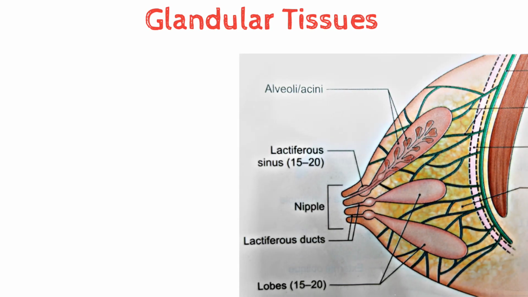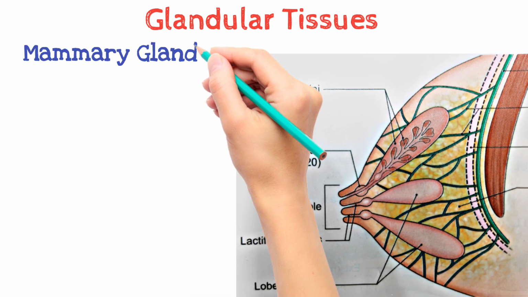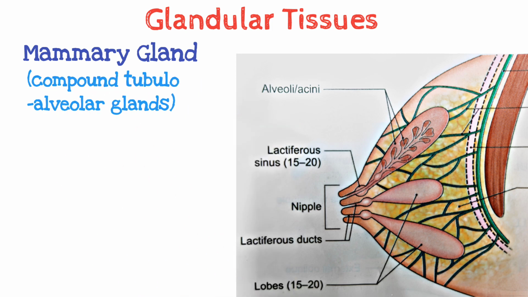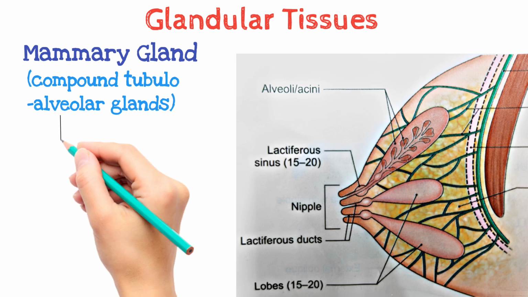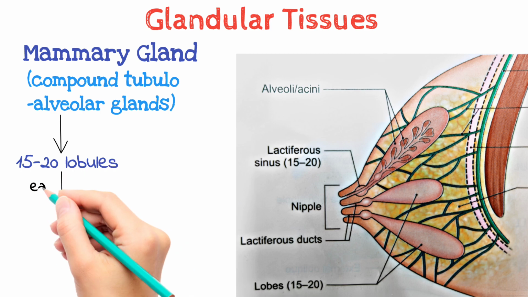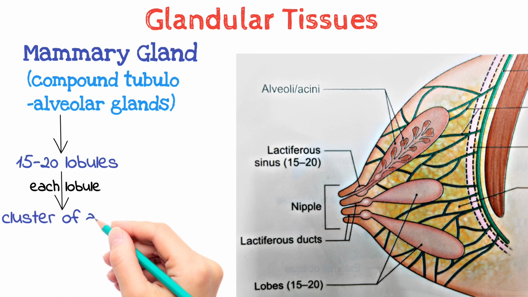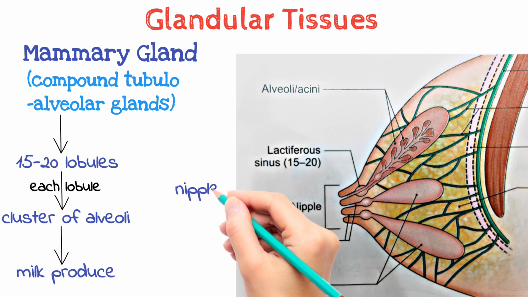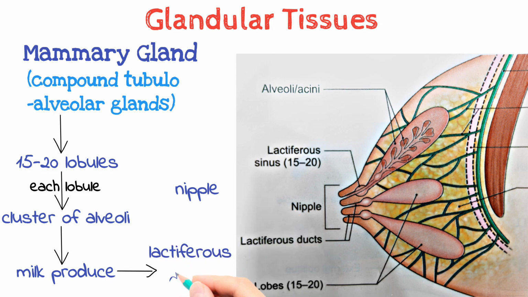The glandular tissue is made up of mammary glands, which are compound tubuloalveolar glands, responsible for producing milk. The mammary glands are organized into 15 to 20 lobules. Each lobule is a cluster of alveoli, which contain milk-producing cells. The milk produced by the glands is carried to the nipple by small ducts called lactiferous ducts.